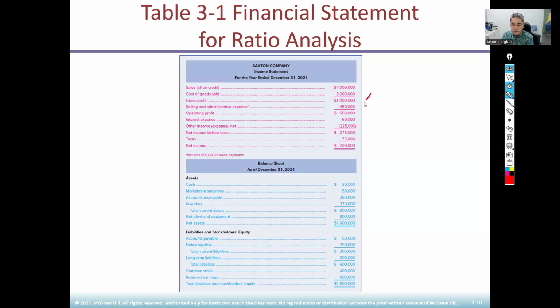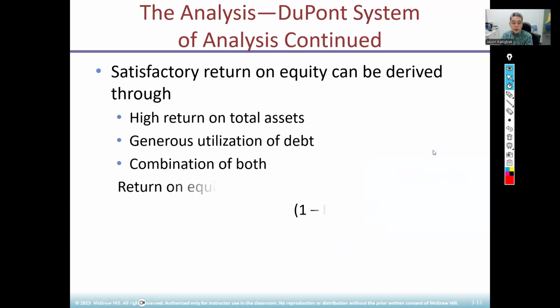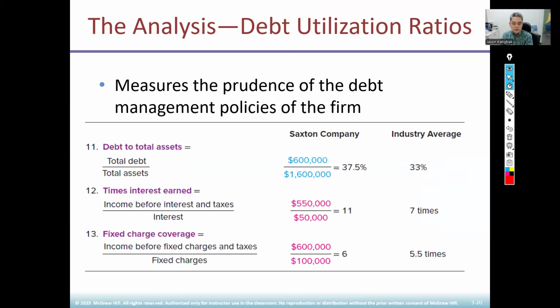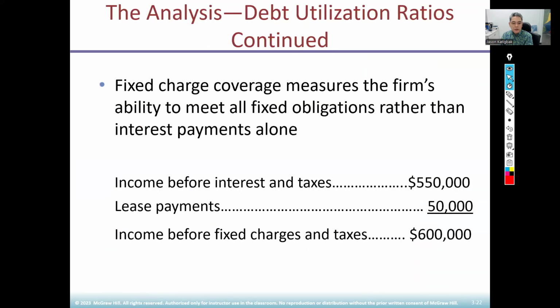Okay, the 50,000 here, plus of course the 550, which is already before interest expense. So I wanted to make sure that we are able to trace that. And of course, the explanation is here, right? The 550 add back the lease payments, so it's income before fixed charges.